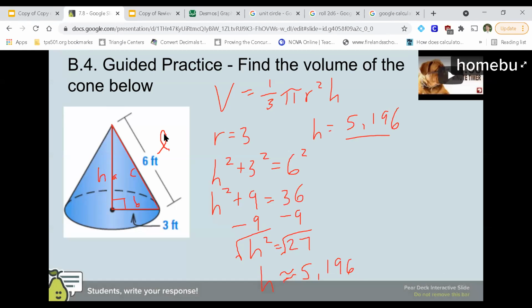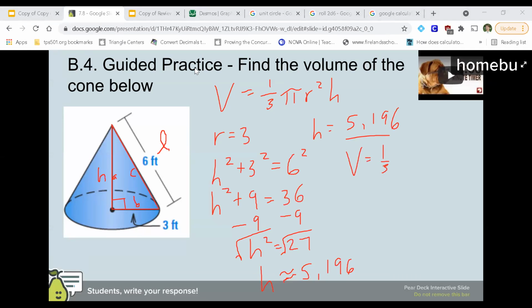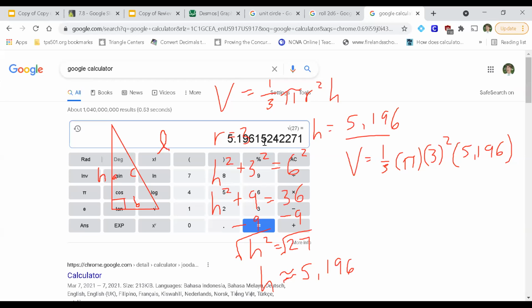All right, now that I have h, I'm going to plug these into the formula. So the formula will then be 1/3 of pi times 3 squared times 5.196. And to make sure my answer is as accurate as possible, I'm actually not going to rewrite anything in this calculator.